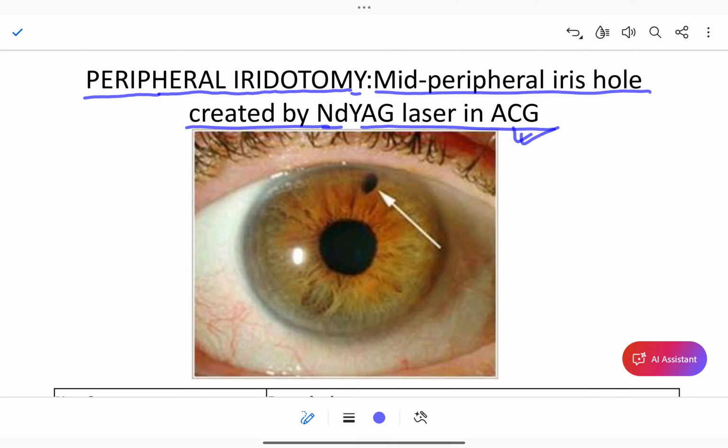It allows aqueous humor to flow from behind the iris to the anterior chamber, bypassing pupil block and opening the drainage angle to reduce intraocular pressure and avert acute attack.